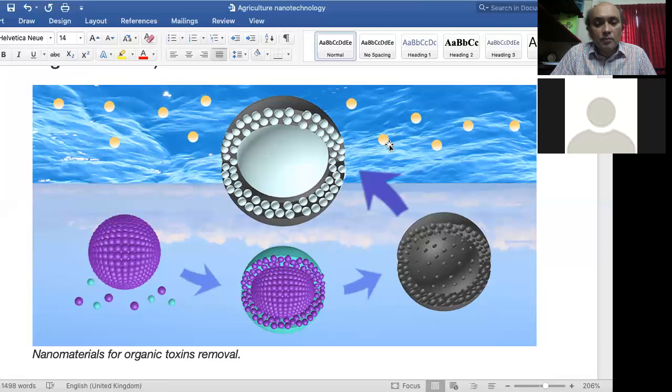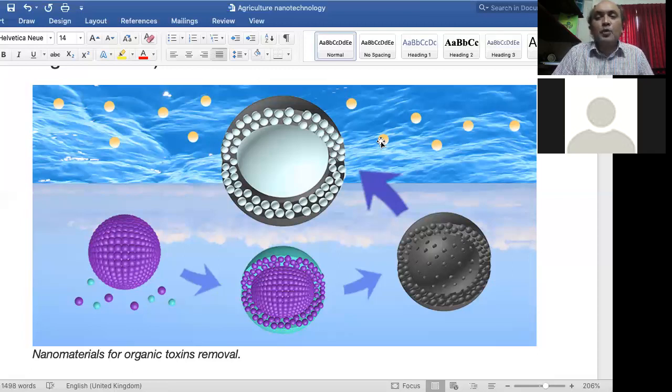Yes, if we design nanomaterials in a way that can trap sodium ion, chloride ion, and other ions associated with the salinity of marine water, and then you can easily separate the precipitated materials from the water.